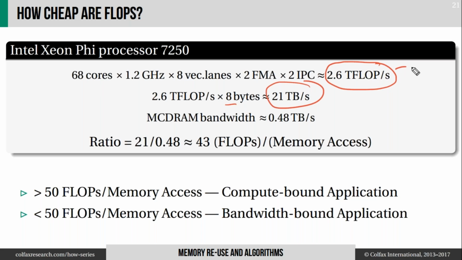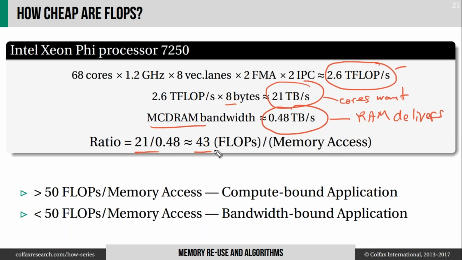So your cores want to consume 21 terabytes of data per second, but if you get this data from memory, then even the high bandwidth memory can deliver only half a terabyte per second. So there is a disconnect by a factor of 40 between the performance of math and the performance of memory.